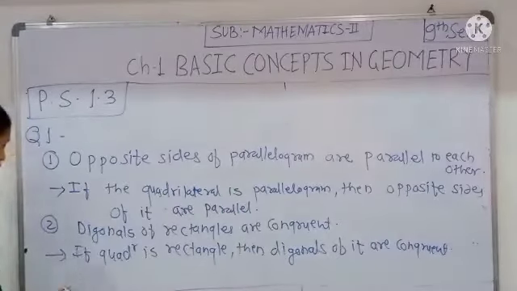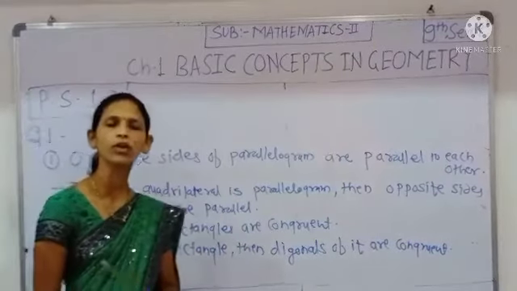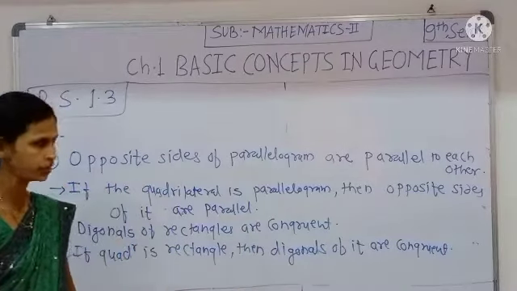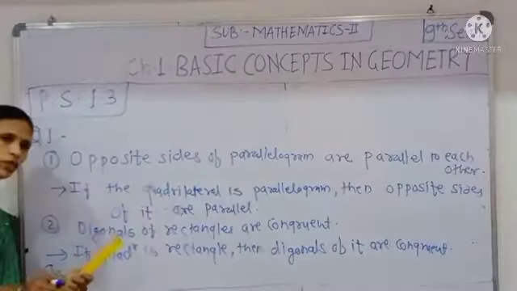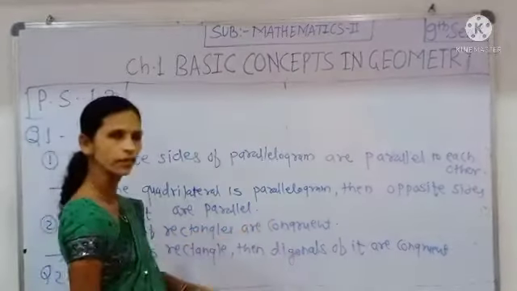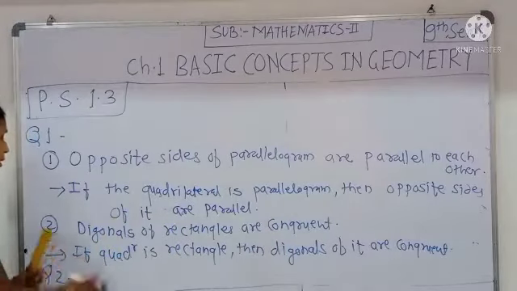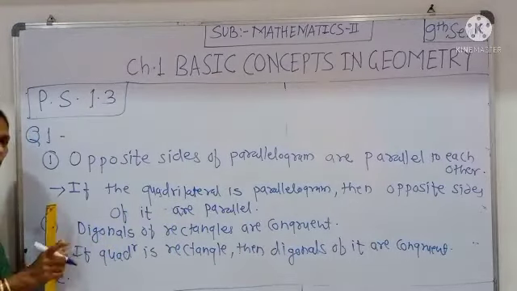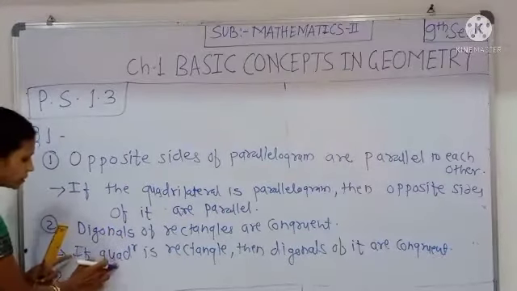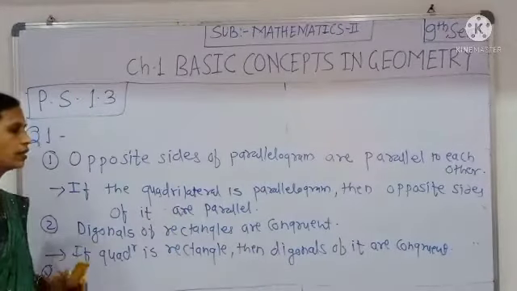Then in question number 2, a few statements are also given and we have to write the converse of those statements. One of the statements is: diagonals of a rectangle are congruent. Then we have to write the converse of that statement. First of all, while writing the converse of a given statement, we have to write that statement using if and then. Already we have written this.